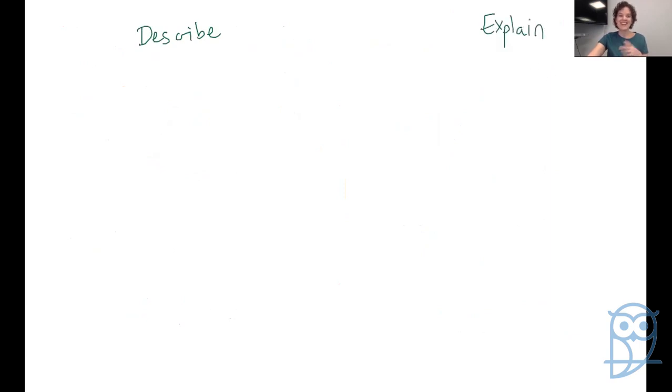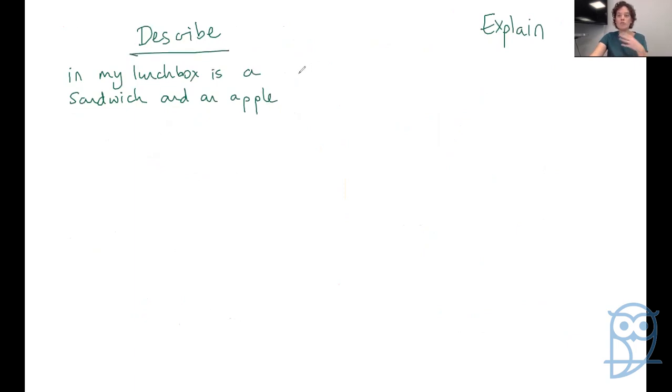So describe, let's keep it relevant to everybody. In my lunchbox is a sandwich and an apple. Just a description. No reason, no nothing, just what is there.